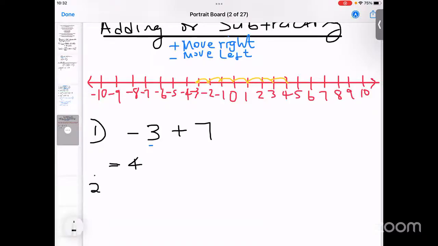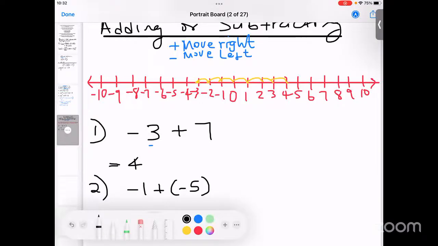Maybe let's look at another example. Let's say we are having -1 that is being added by, in the brackets, -5. Okay, so here, because we have a bracket, we need to remove that bracket. How are we going to remove that bracket?